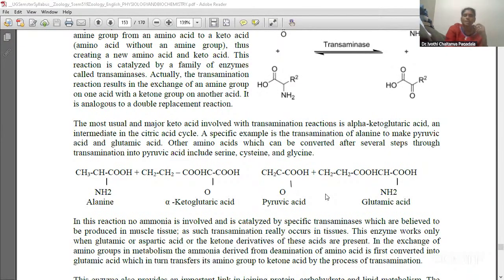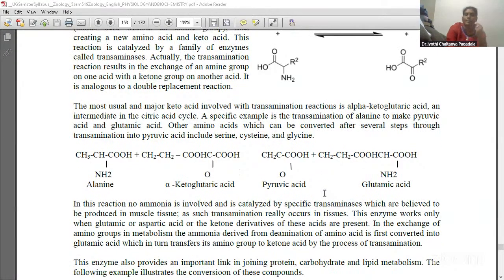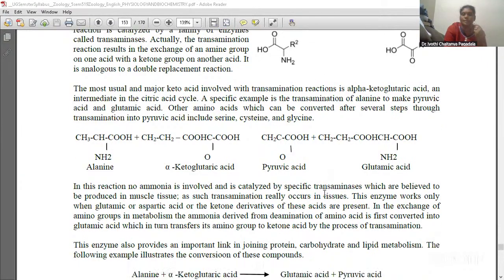In this reaction, no free ammonia is involved, and it is catalyzed by specific transaminases which are believed to be present in muscle tissue. Such transamination is really present in the tissues. This enzyme works only when glutamic acid or aspartic acid, or the ketone derivatives of these acids, are present in the exchange of amino groups in metabolism.